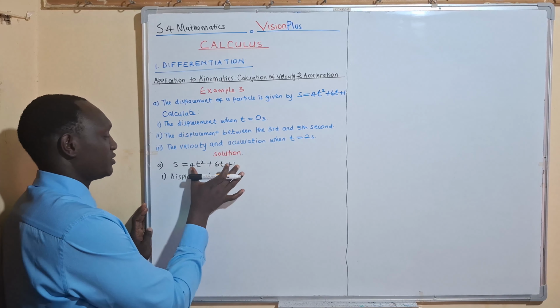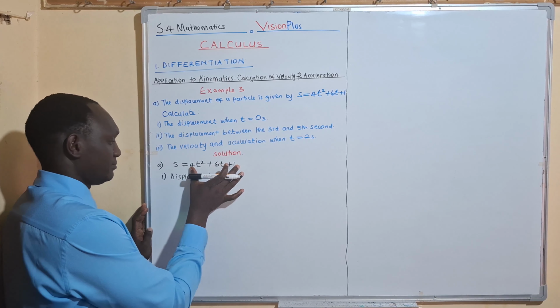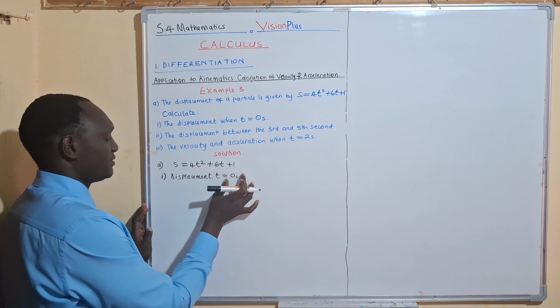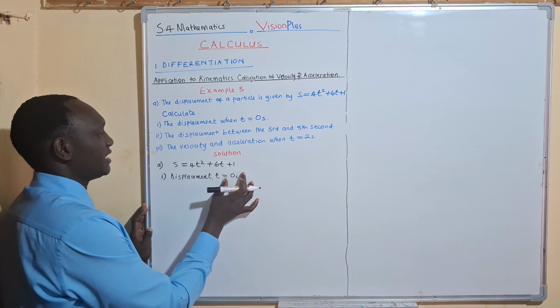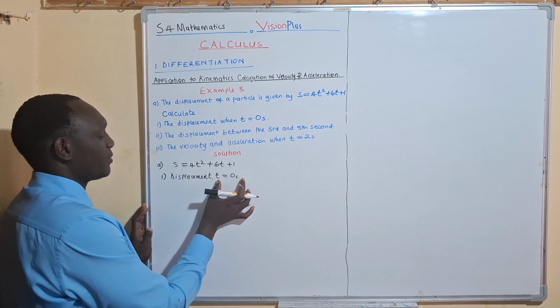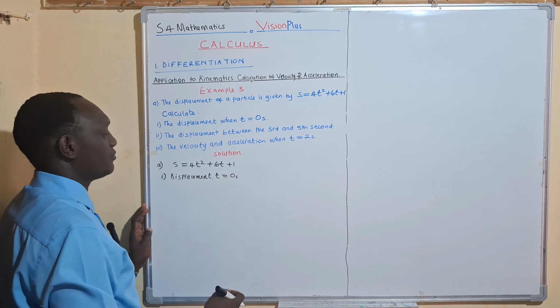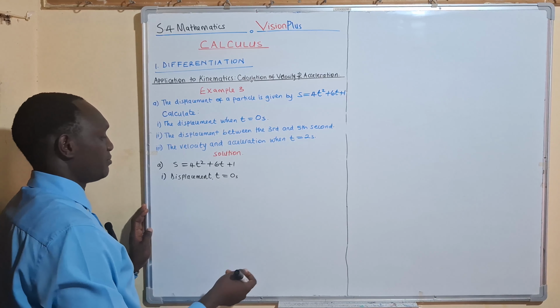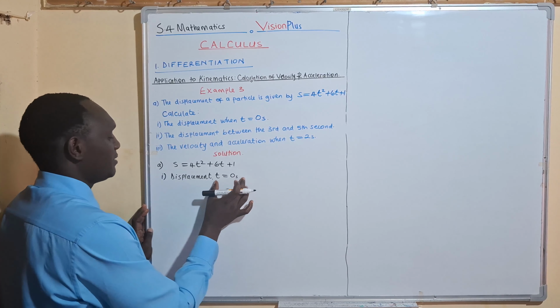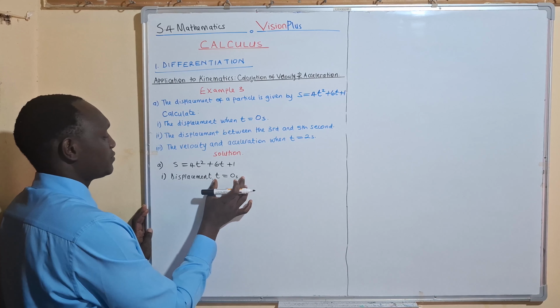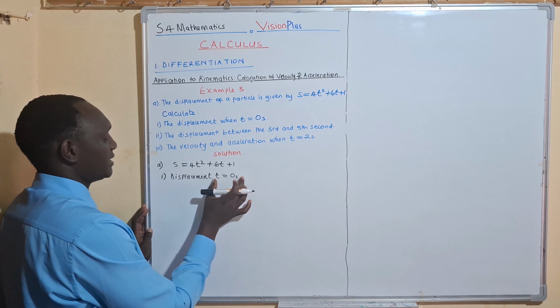Remember, this is the expression for displacement at any time. Since we have the time at 0 seconds, this is initially. When the time is 0, it means the particle has not started moving. So what we are doing here simply is to find the displacement when the time is 0.